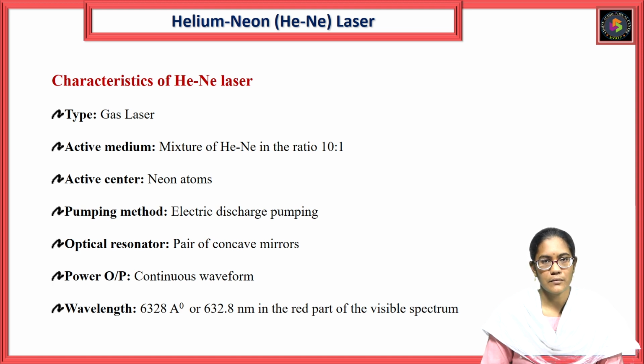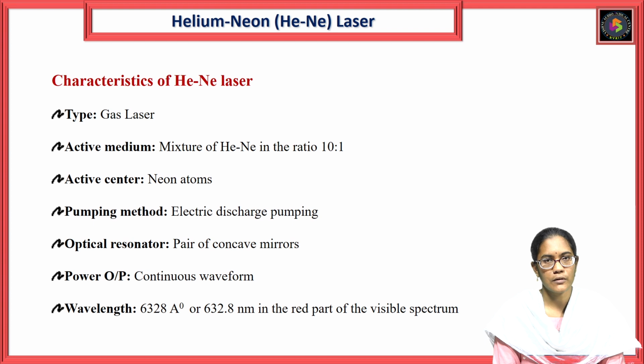The pumping method is electric discharge pumping. The optical resonator is a combination of a pair of concave mirrors. One mirror is fully reflecting and the other is partially reflecting. The combination of these two mirrors is called the optical resonator or optical cavity. The output power is in continuous waveform.